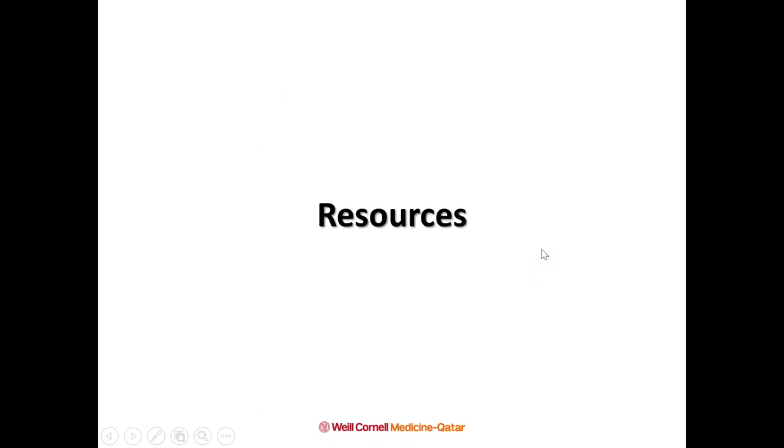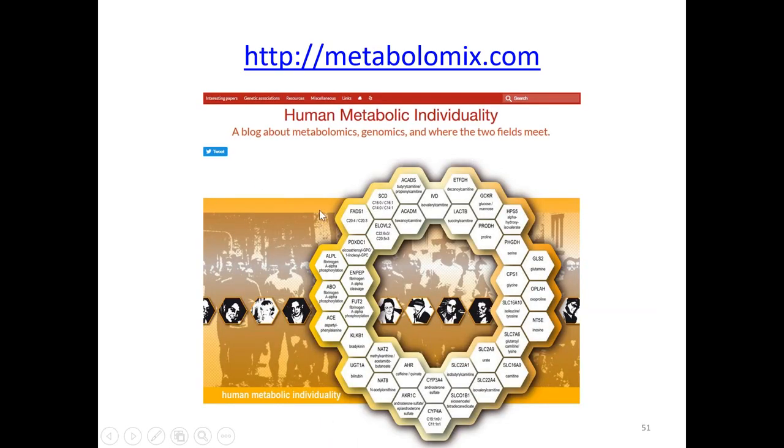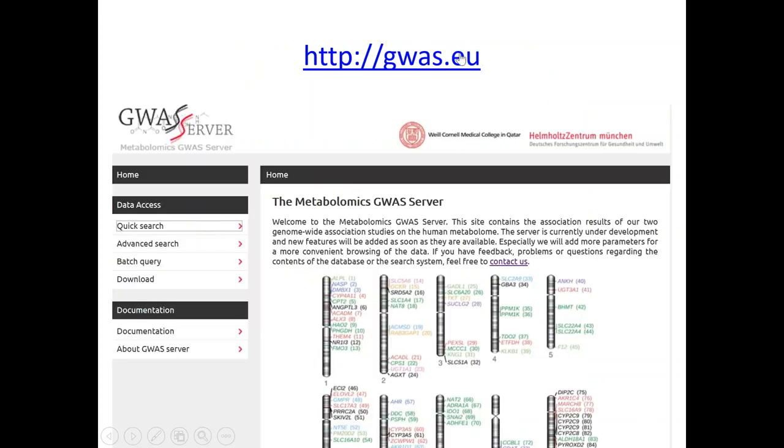And just to finish things up, I have some resources here that you may look up later. One is a blog, metabolomics.com, where I try to follow up on different interesting parts of human metabolic individuality. There is a web server called gwas.eu.